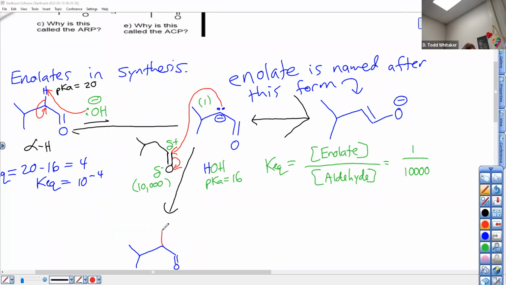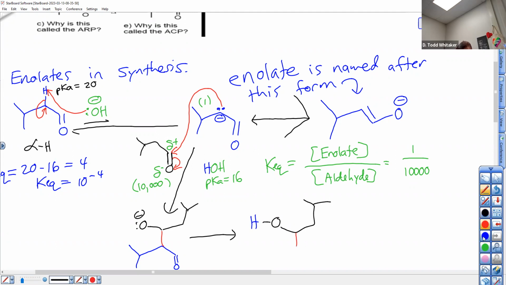Okay. Why are you red? I want it to be black. Yeah. And then I just need to get a proton on there. Where are we going to get this proton from? I gave a clue with its color.